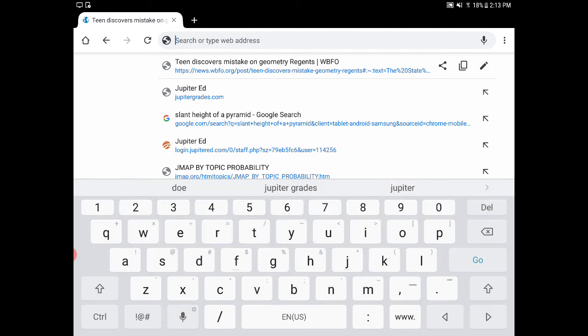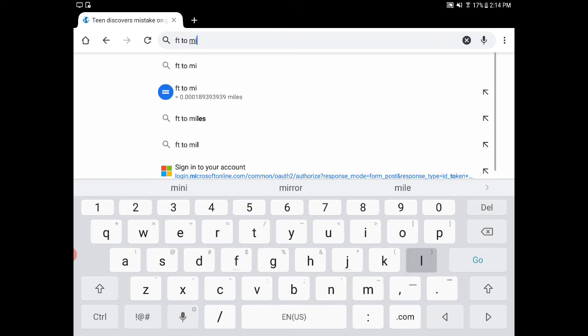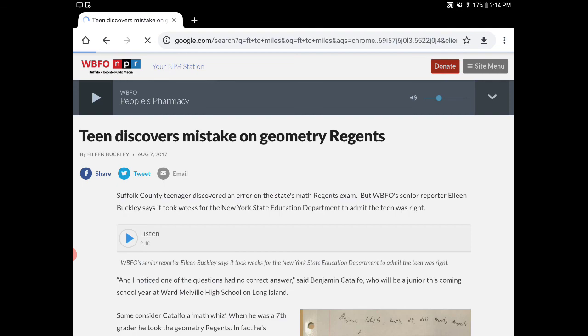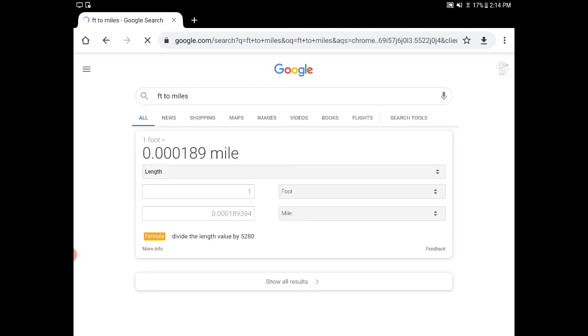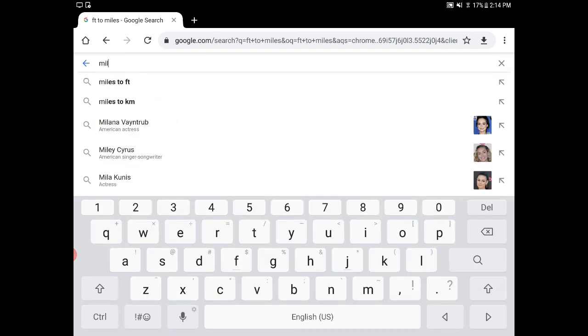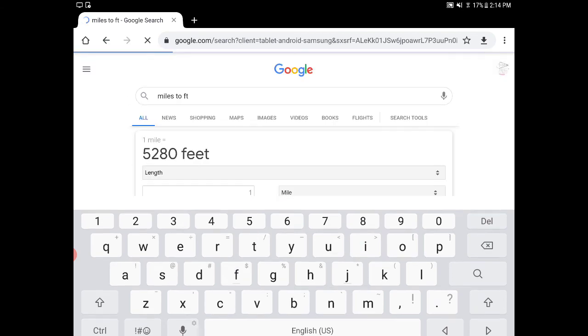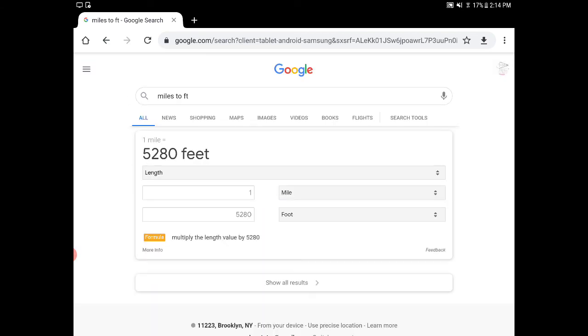Feet to miles. Or actually, miles to feet, I should say. I got it backwards there. I think it's 5,280. I was about to say 60.